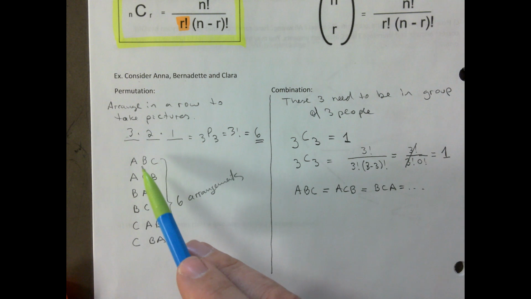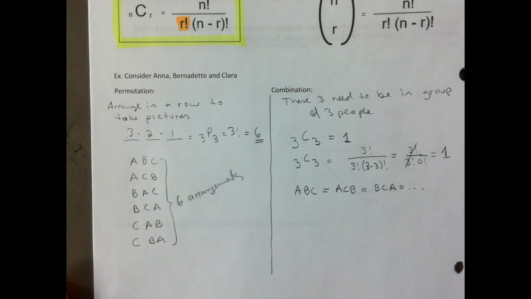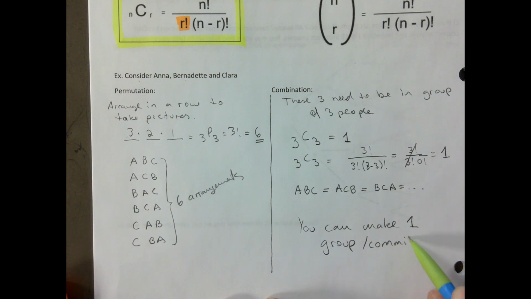We don't care about where they're standing, if they're standing beside each other. So you can make 1 group or committee. So that's how combinations is different.